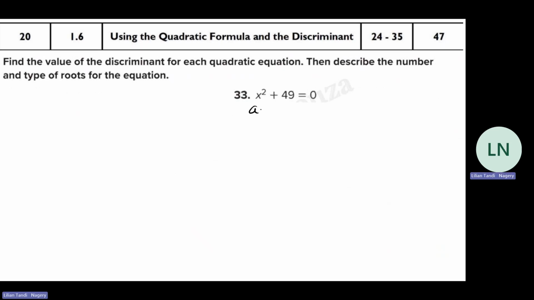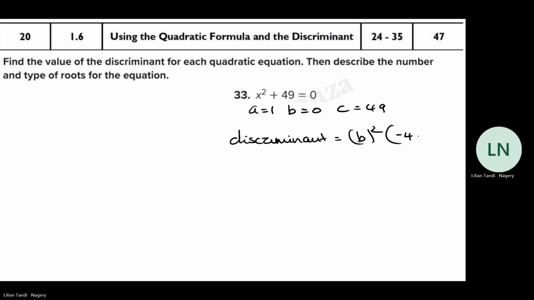A is 1, B is 0, C is 49. This is already complex. So discriminant: zero squared, negative 4 times 1 times 49. We have 0 minus 49 times 4. 49 times 4 is 196. So negative 196.